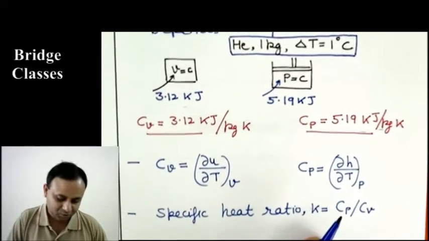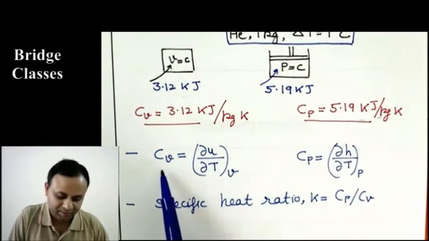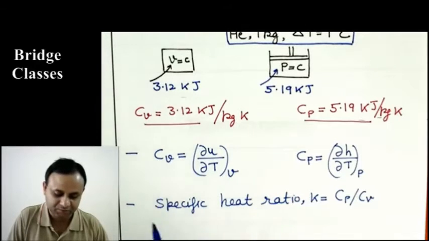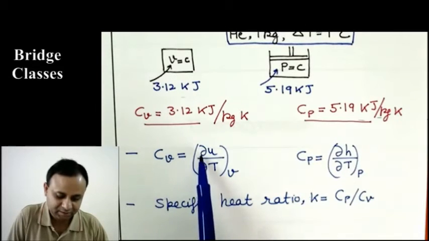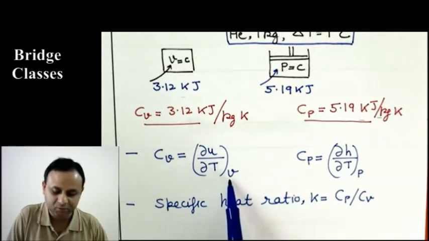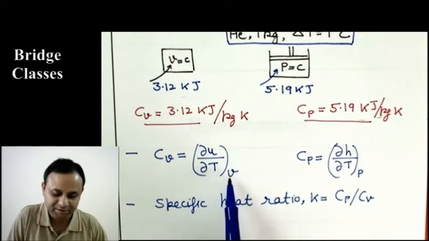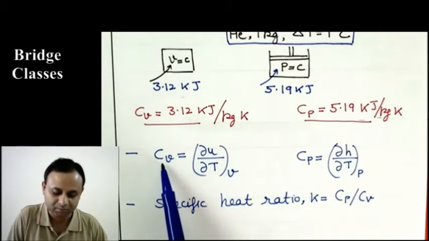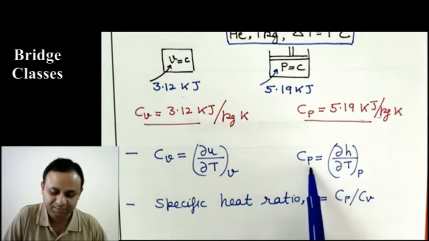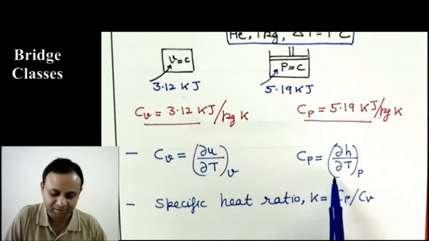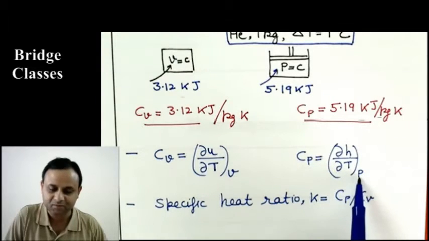And I'll also show that we get this equation for Cv. Cv is del U del T at constant volume. So the change in internal energy with change in temperature at constant volume. Cv is that. And Cp is the change in enthalpy with change in temperature at constant pressure.